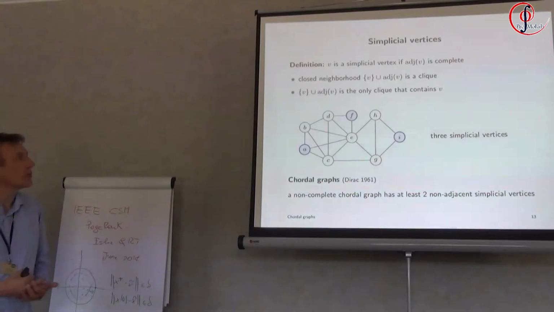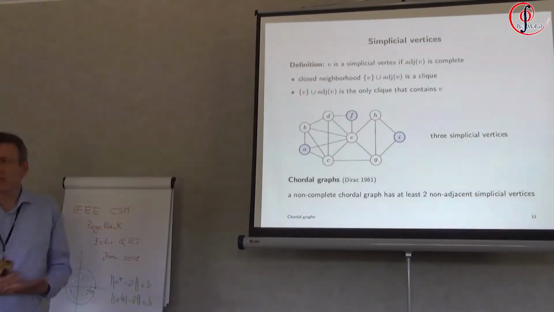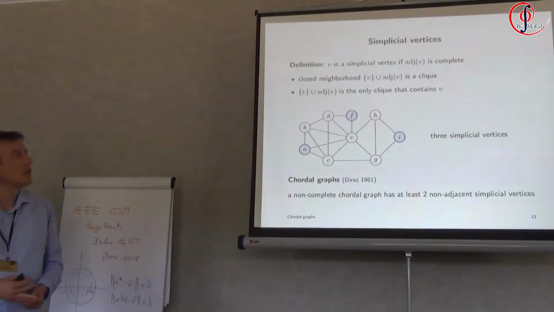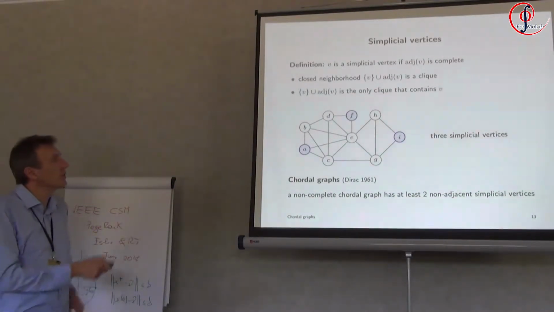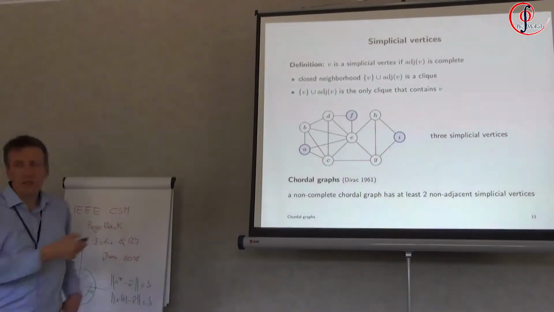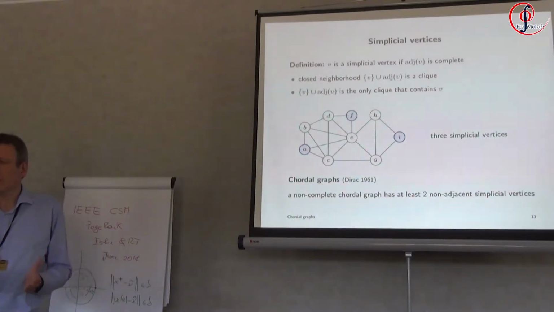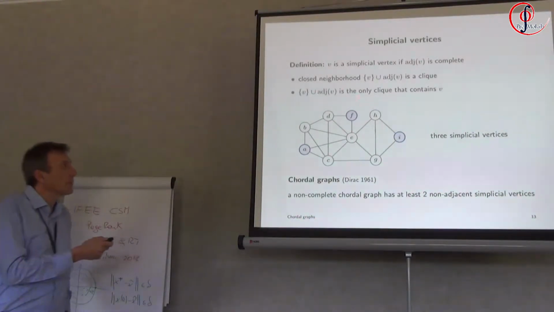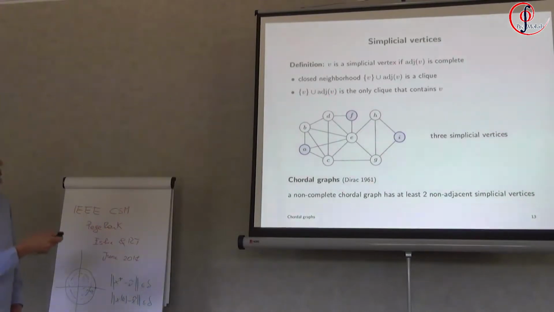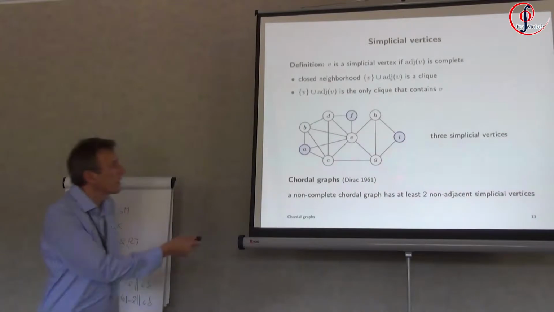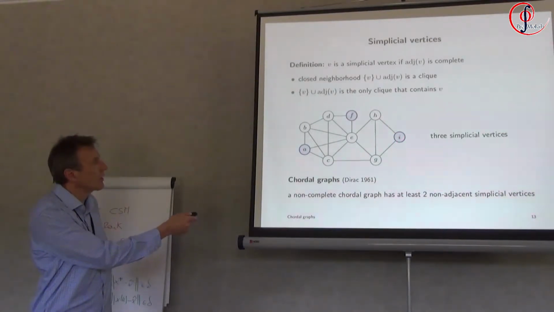It's a maximal complete subgraph, and it's the only clique that contains that simplicial vertex V. And that's almost immediate from the definition, because every clique that contains V must be contained in the neighborhood of V, because all vertices in that clique must be connected to V. So if the neighborhood is a complete subgraph, then it has to be the only clique that contains V. So for example, this vertex belongs to only one clique, and it's those three.